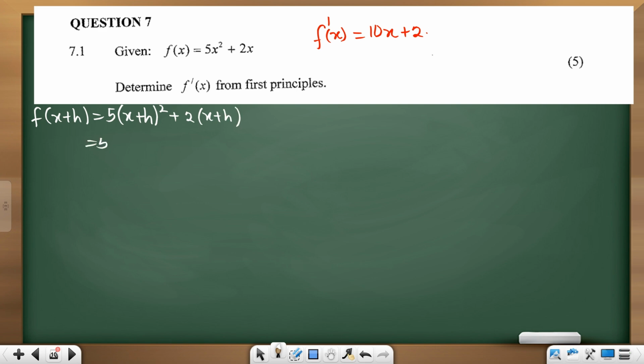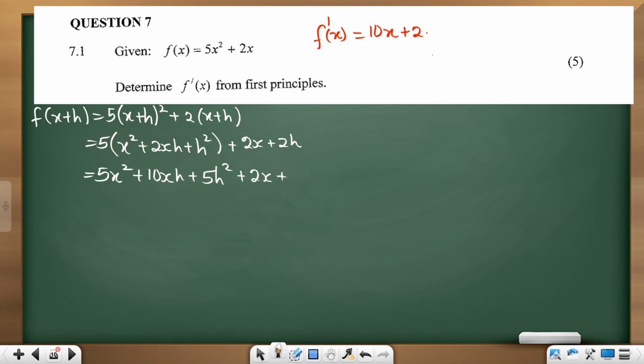What will that give me? 5 into bracket x squared plus 2xh plus h squared, plus 2x plus 2h. What do we have? 5x squared plus 10xh plus 5h squared plus 2x plus 2h.